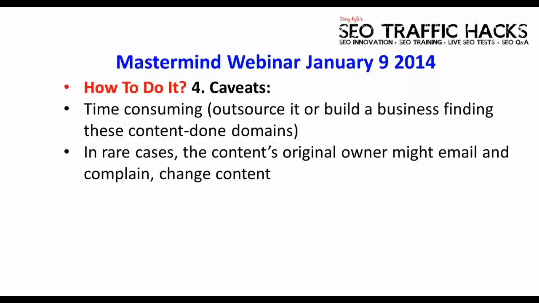Now, something we've found with the London SEO operation is that sometimes, it doesn't happen often, the content's original owner can get a little upset and email you to complain that their content is being used without their consent. It is rare, but it can happen. If that is the case, just change the content. Grab content from a similar expired site that isn't being used, check it in Copyscape, grab a couple of lines, a paragraph from it, and stick it into Copyscape.